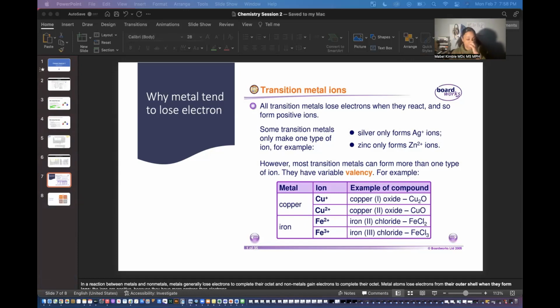So keep that in mind in terms of how we write out our transition metals, which we've talked about before. Make sense? Yeah, it makes sense. Any questions? No questions.